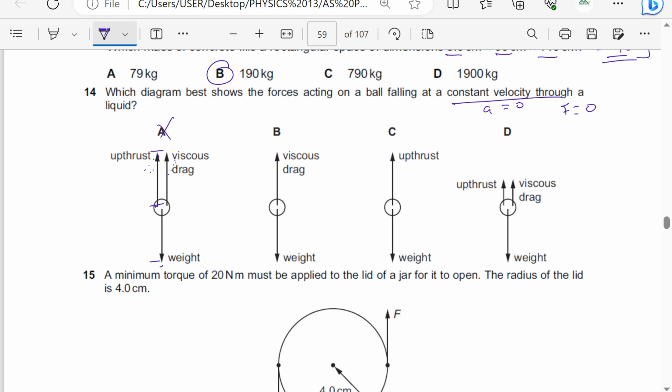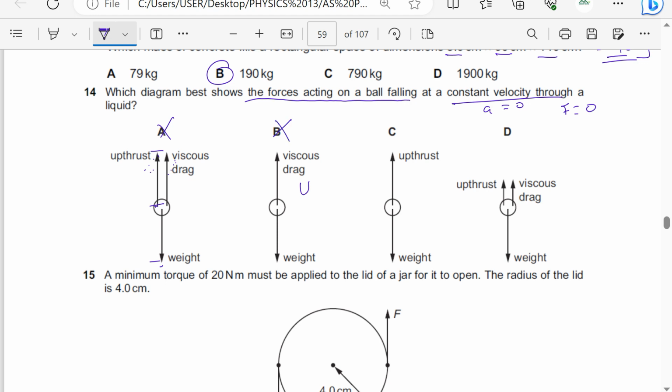So here they have showed viscous drag upwards, balancing with a weight. The lengths are almost the same, but it is the forces which act on a ball falling at a constant velocity. It is moving. There's viscous drag, but there's also upthrust. So here upthrust is missing.